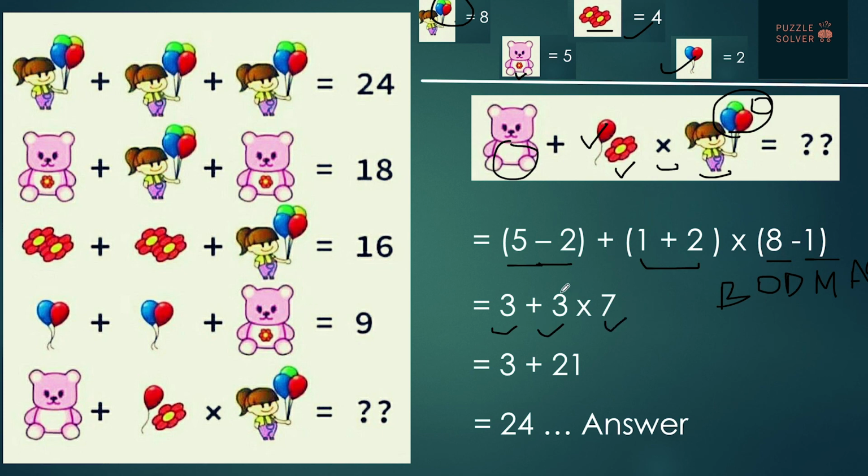Again, according to the BODMAS rule, we first have to multiply these two items. So 3 multiplied by 7 will be 21, and its addition is with 3. So 21 plus 3 is equal to 24, and 24 is our answer. Hence, we have solved this puzzle.